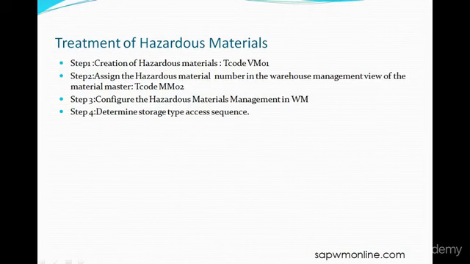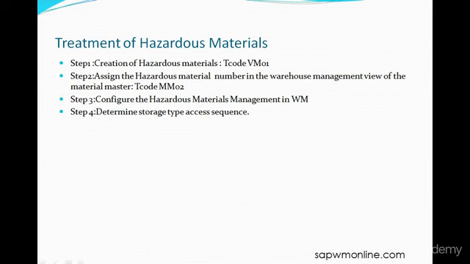And then in the second step we assign this hazardous material number to the material that we would want to classify as a hazardous material. So this could be a normal material. I mean, we create the material normally, and once we assign the hazardous material number, then it starts picking up the storage class and the water pollution class and the other details that are needed.